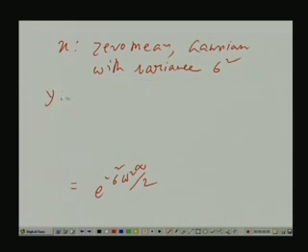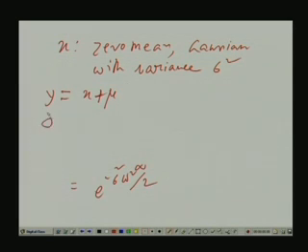Suppose y is a random variable once again Gaussian with the same variance sigma square, but a mean mu, which means y is actually x plus mu. Okay. What will be the characteristic function now?